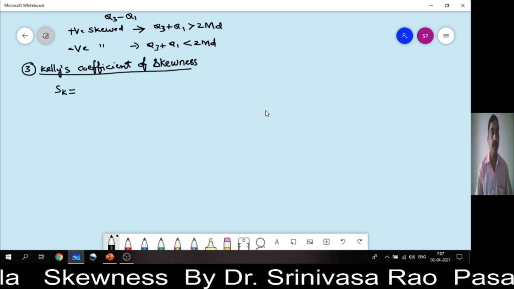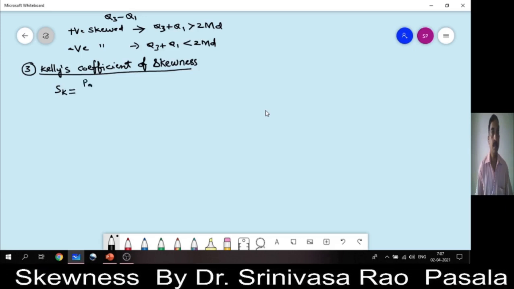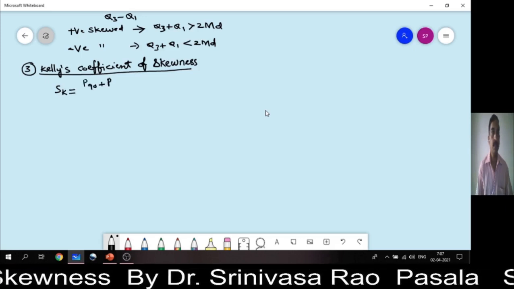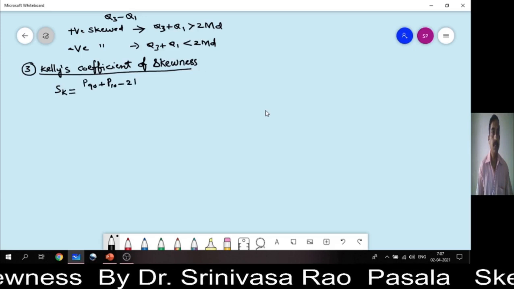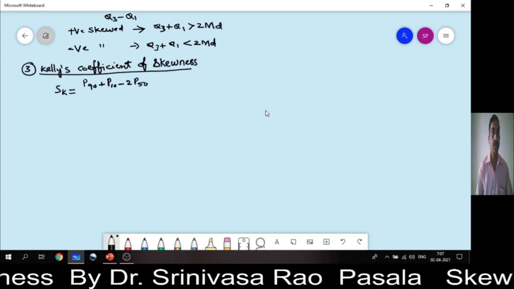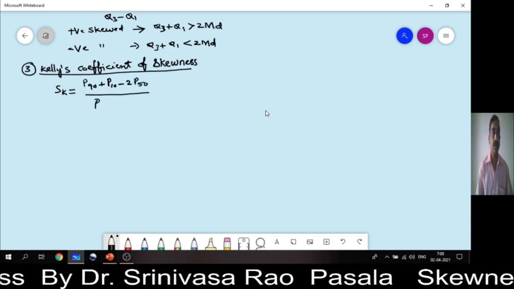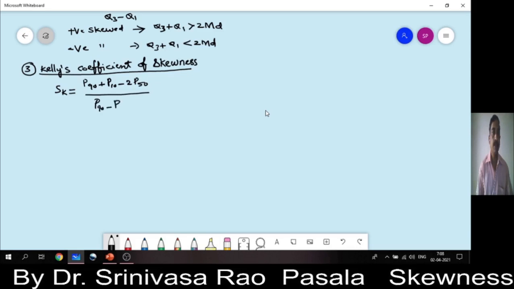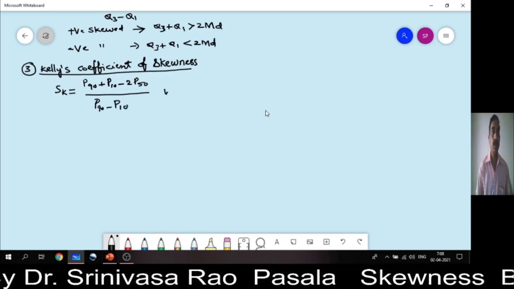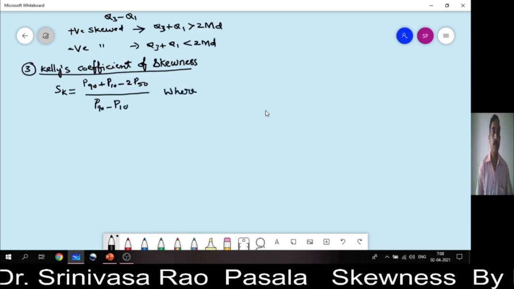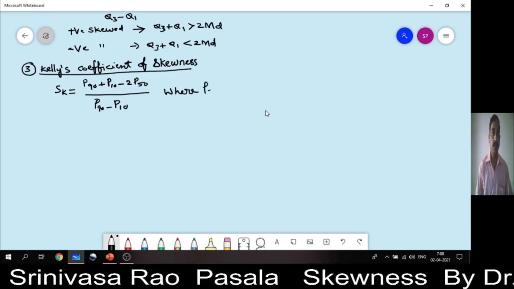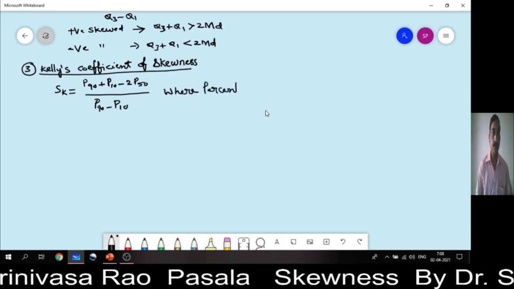SK equals P90 plus P10 minus 2P50 by P90 minus P10, where P90, P10, P50 are nothing but percentiles.